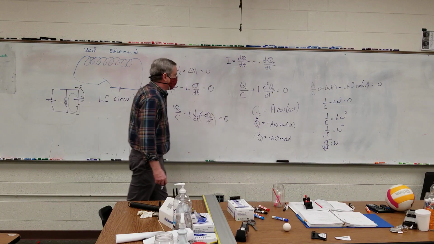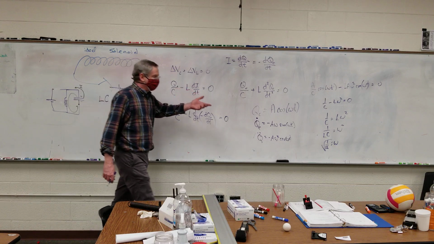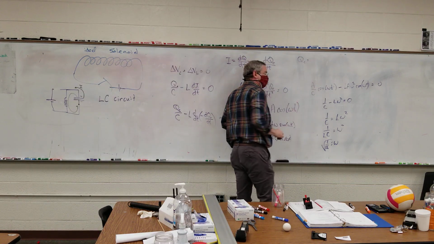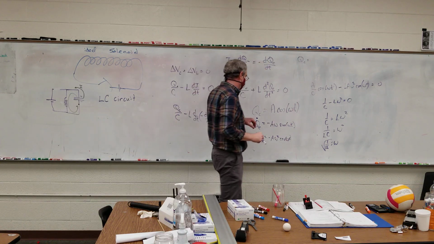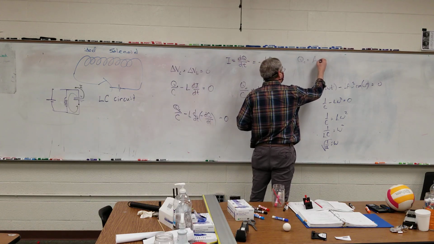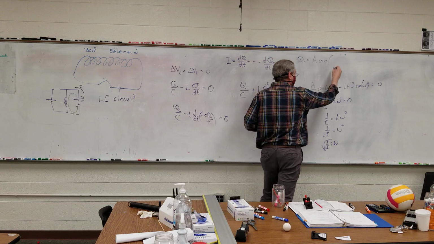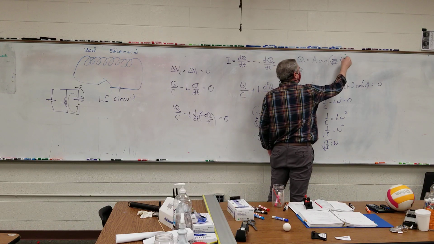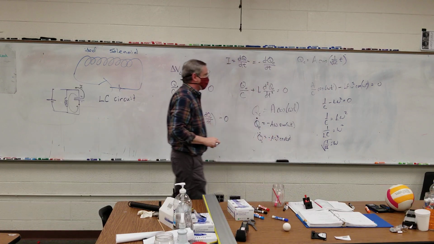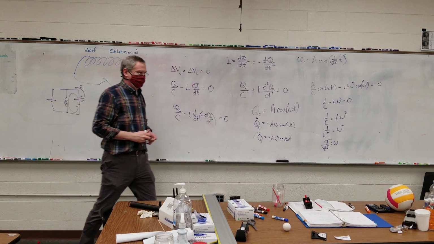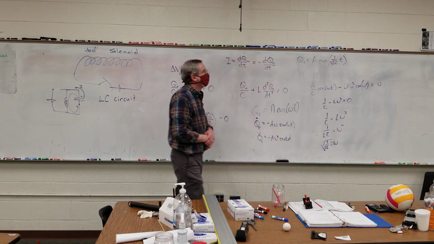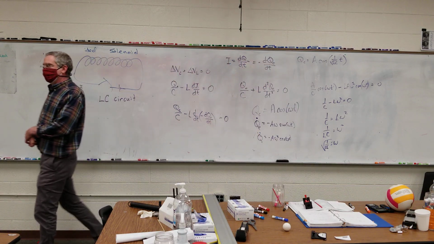And so we have a solution to this, or at least partial solution. The charge that is on the capacitor can be described by some amplitude times the cosine of 1 over the square root of LC, times t. What is the implication?